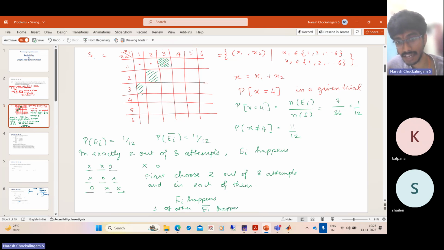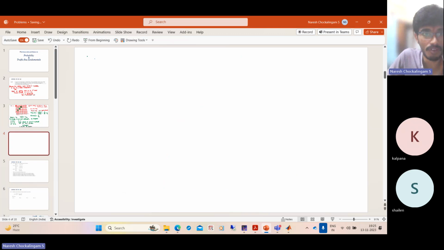E_i bar is the complement of E_i. If you translate this statement to mathematical form, the act of choosing 2 places out of 3 is 3C2. E_i happens in 2 of them.